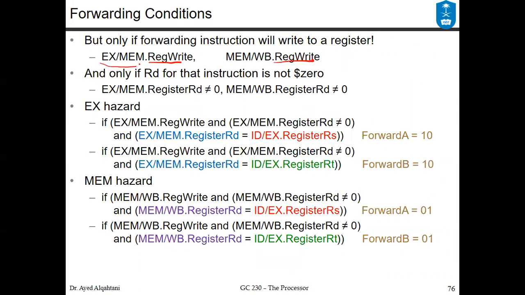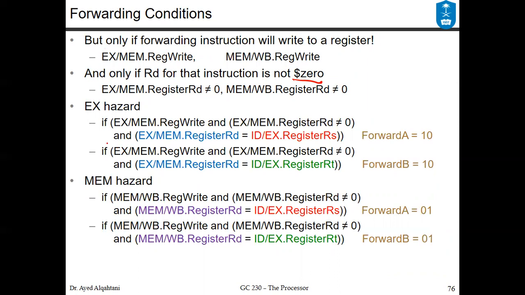Whether it's in the pipeline register execute/memory or memory/write back, meaning that you are forwarding from ALU or forwarding from memory, you check the register write and make sure that it is equal to 1. Also, make sure that you are not updating the register 0. It's not allowed. It's having the constant 0. So make sure that the destination register doesn't equal 0.